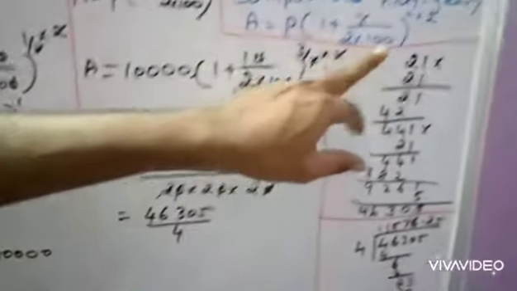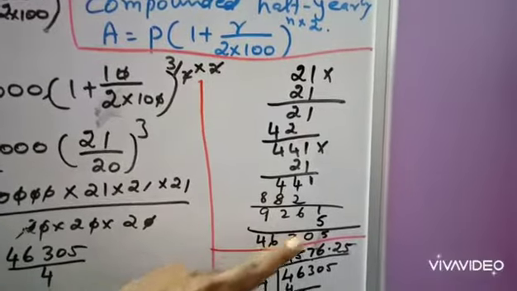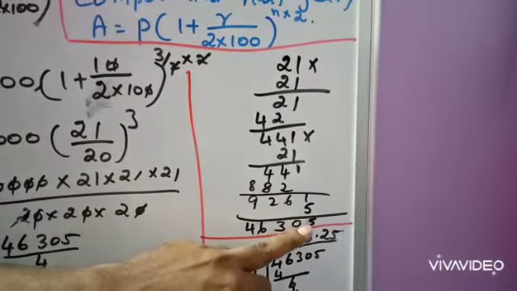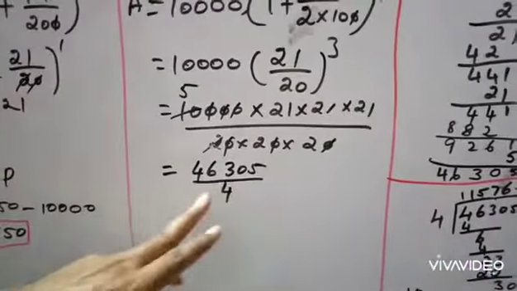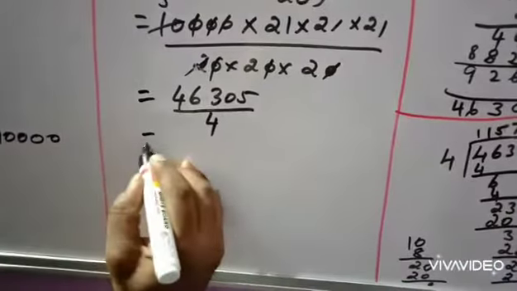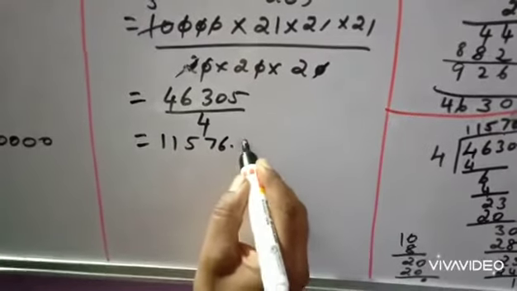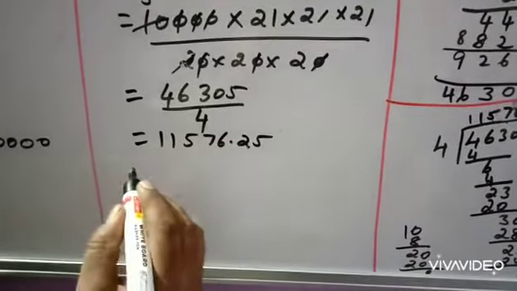Okay, so we have the simple calculation: 21 into 21, again into 21, again into 5, so 46,305. Divided by 4, so we have the final answer 11576.25. This is the amount.